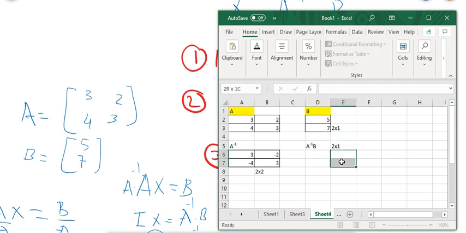We have to select 2 rows and 1 column, equal to MMULT of A inverse, comma, B, control shift enter. It will be like this.